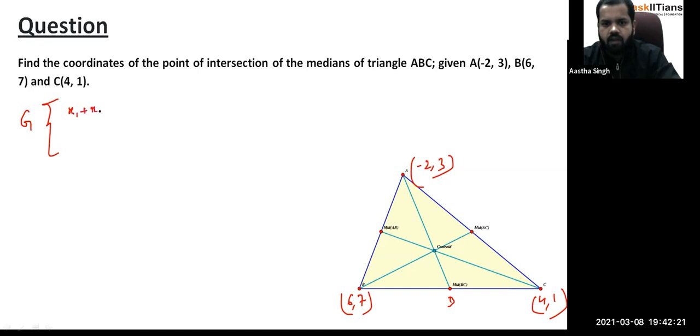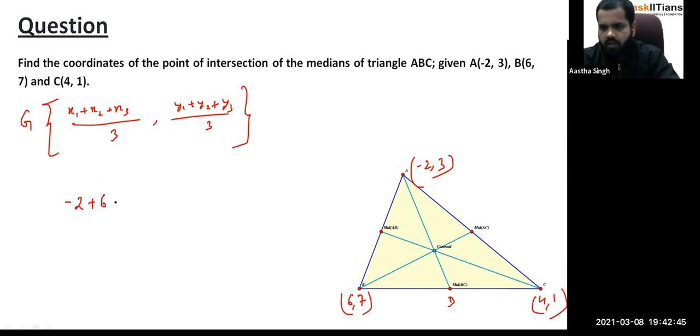x1 plus x2 plus x3 divided by 3, comma, y1 plus y2 plus y3 divided by 3. x1, x2, x3 are the abscissas of your A, B, and C, right? x1 is minus 2, x2 is 6, x3 is 4, by 3, comma, 3 plus 7 plus 1 by 3, right?